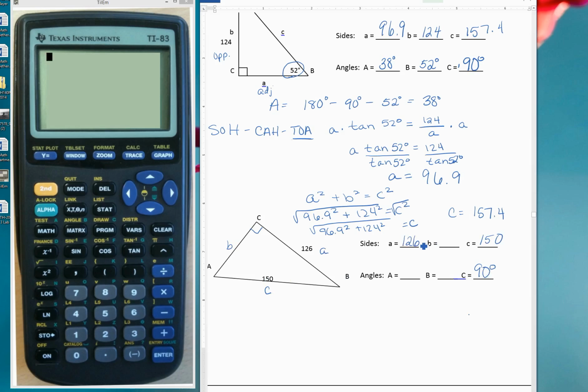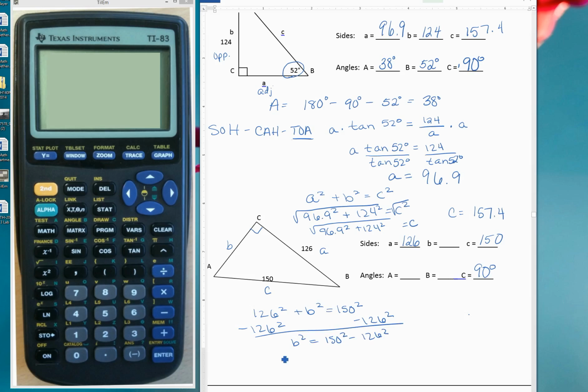Now, the first thing we can do here is find b using the Pythagorean theorem. So we know 126 squared plus b squared equals 150 squared. So I'm going to subtract 126 squared from both sides. So b squared equals 150 squared minus 126 squared.